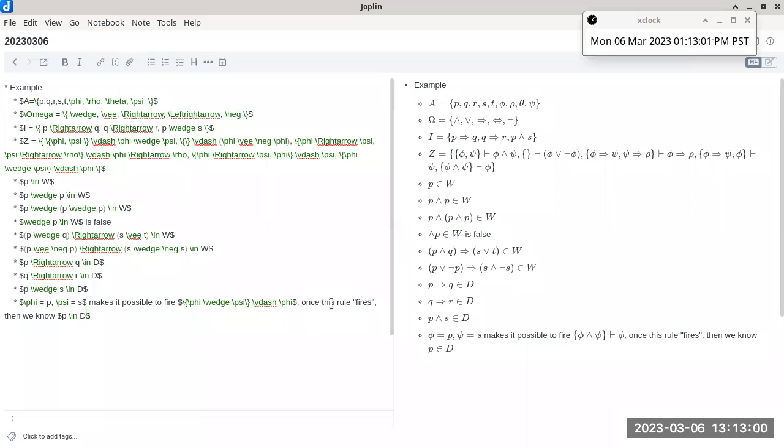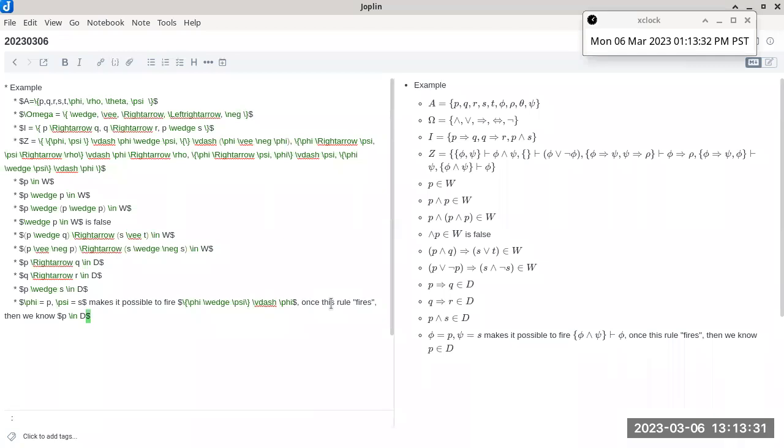No, D does not necessarily have to be finite, because if P is in D, then so is P and P. So it's P and P, the whole thing and P again, and so on. So D itself is most likely infinitely large as well. But we know that D is a subset of W, because it doesn't make sense to talk about things that are not even well formed to begin with. Is that okay? So that's one firing of one rule.